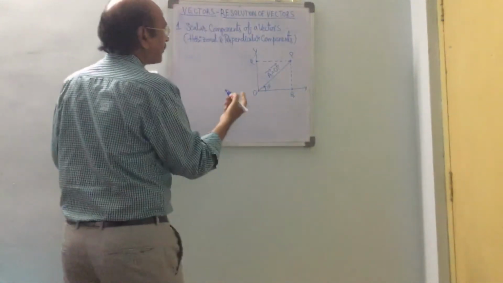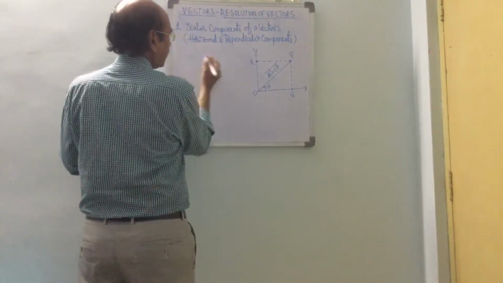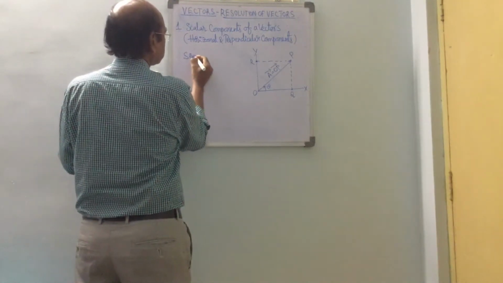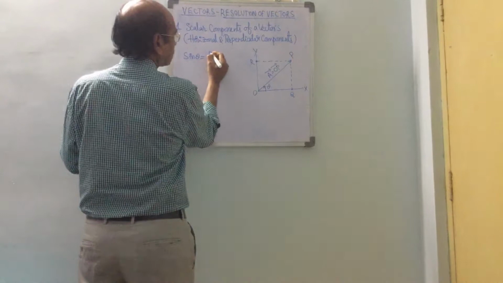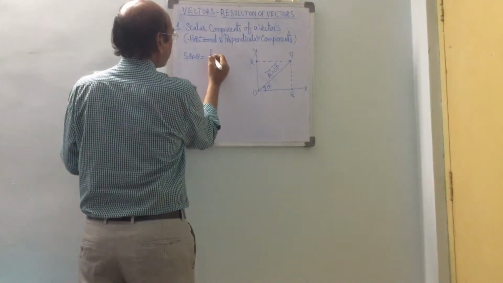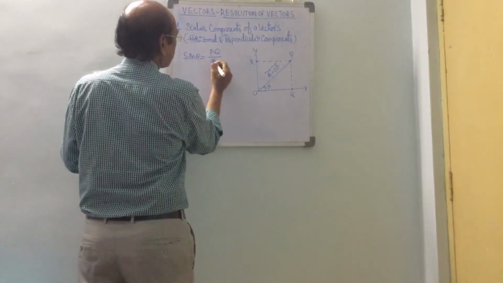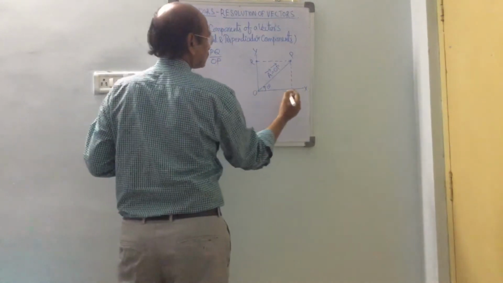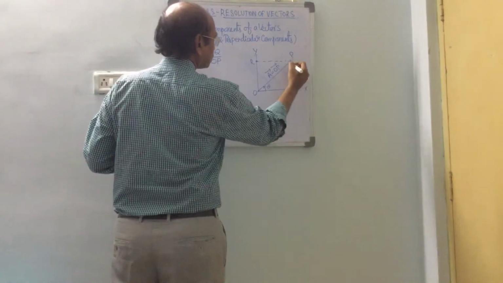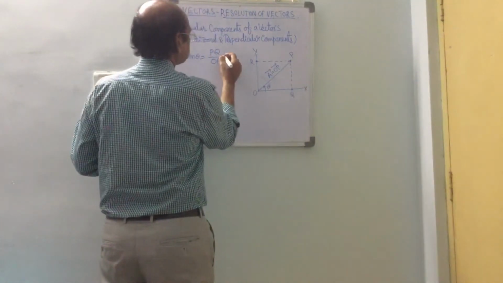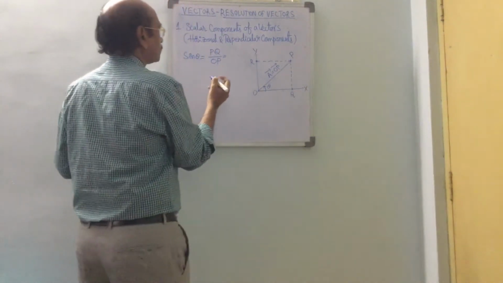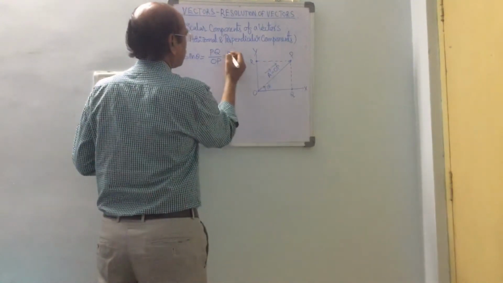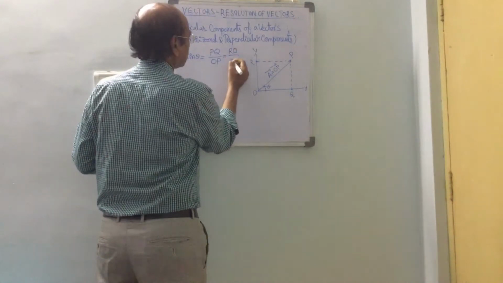Now, from the figure, sin theta is equal to PQ by OP. PQ is also the vertical component.